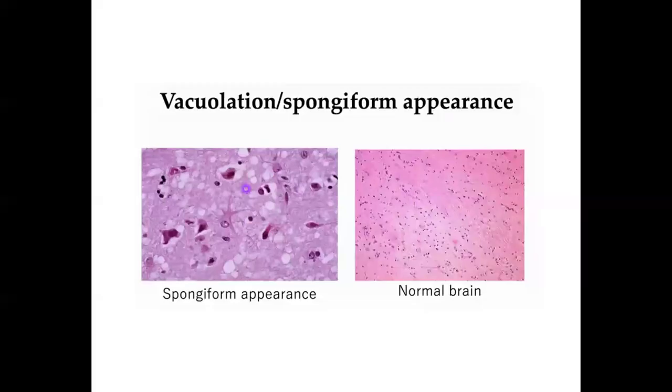Basically, the cell is going to burst and die in the brain. When that happens, cysts will be formed. Can you see these cysts? This is what we call the spongy appearance. Here, this is the normal brain matter, with no cysts, but here you can see them. That is what we call the spongiform appearance.